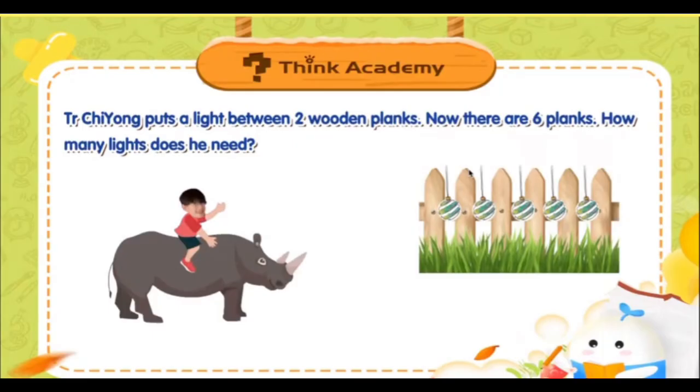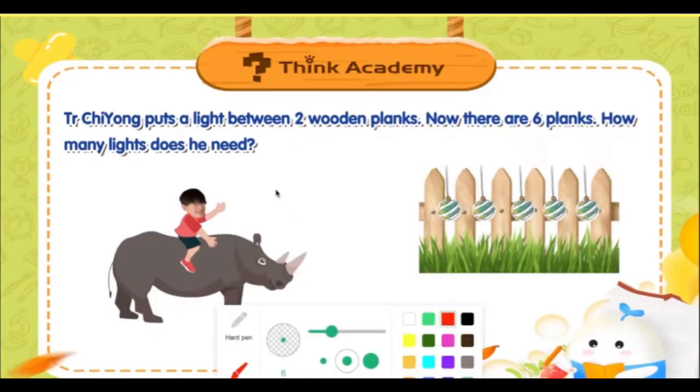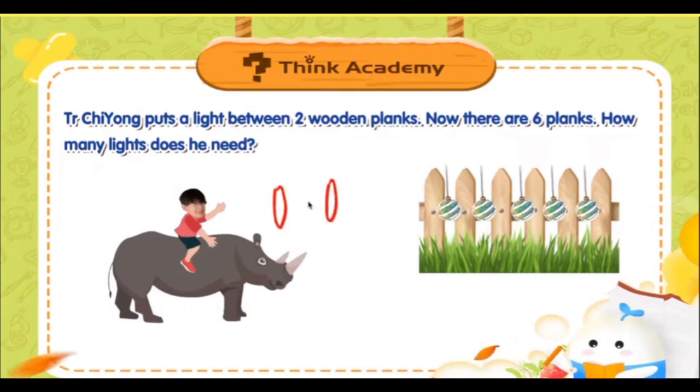Then, let's see. Teacher Jiyoung put a light between 2 wooden planks. So between 2 wooden planks, there is a light. Now there are 6 planks. There are 6 pieces, just like the strings, right? 6 parts. So 6 minus 1 gives us 5 lights, right?